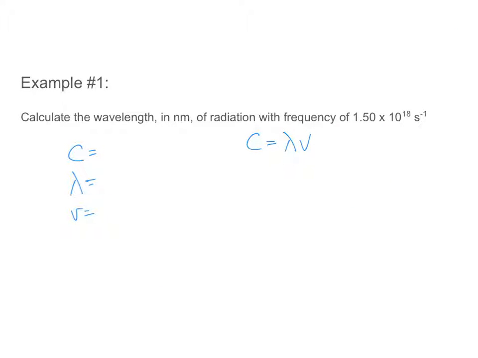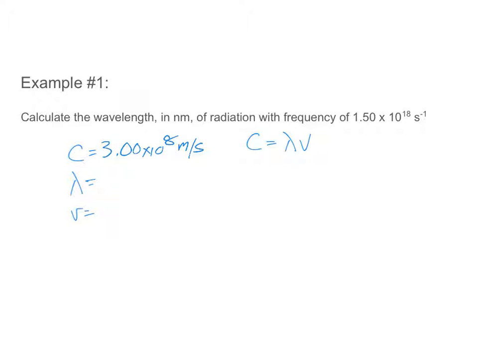In terms of working with the original formula, where c, the speed of light, is equal to wavelength times frequency, you have to remember that c has a value of 3.0 times 10 to the 8 meters per second. I believe that value is given to you on your cheat sheet for the AP exam, so that's something you don't necessarily have to memorize.